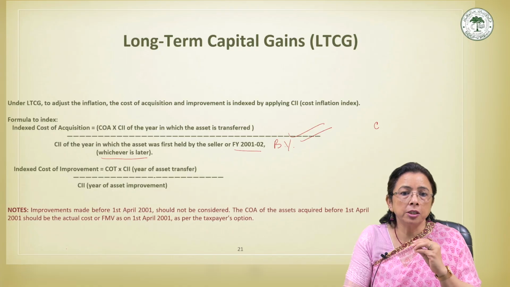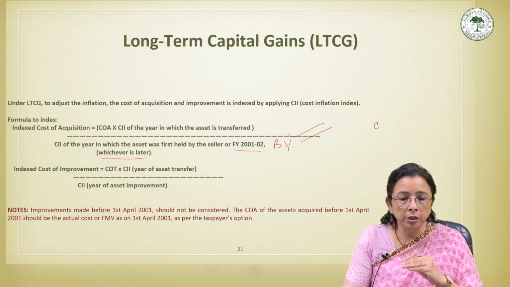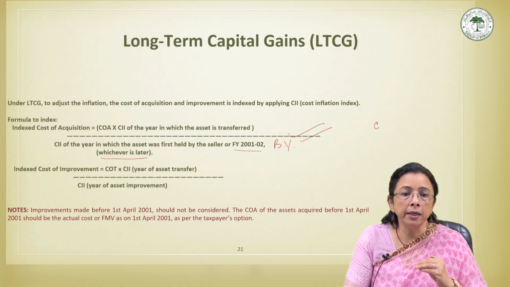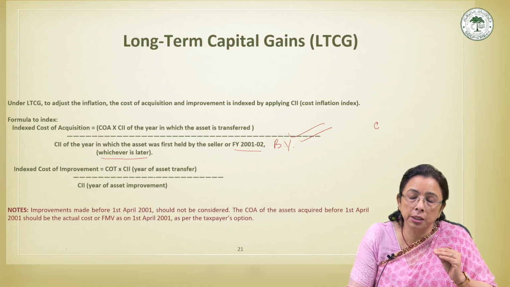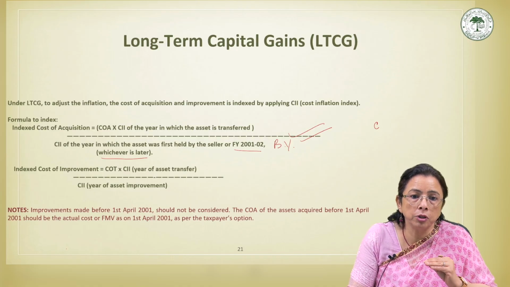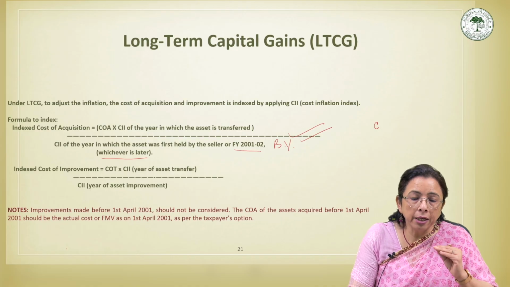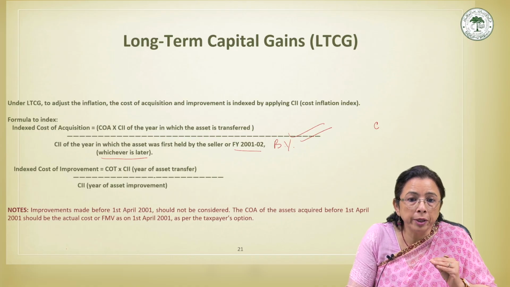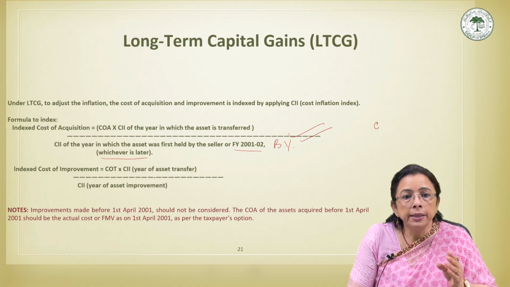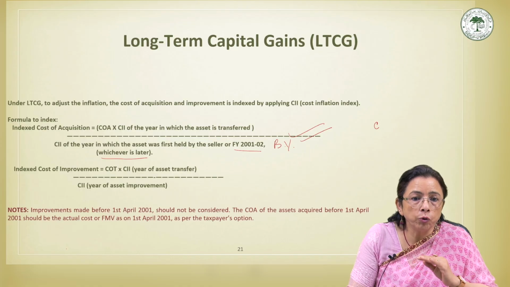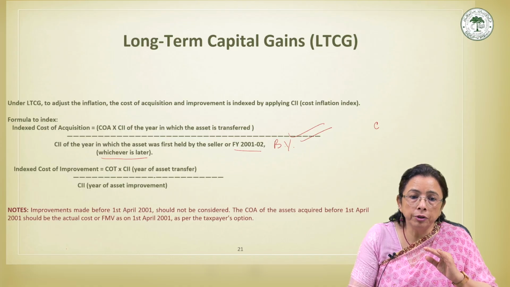The base year taken for CII is 2001-2002, and if there is an improvement before 2001, then in case of improvement we have to ignore it, and we do not take it into consideration.